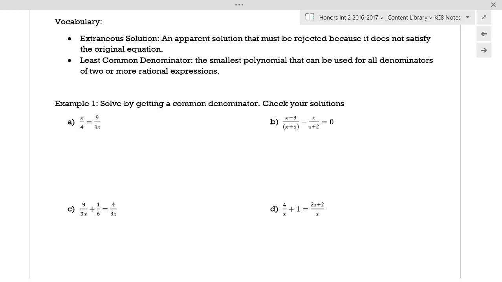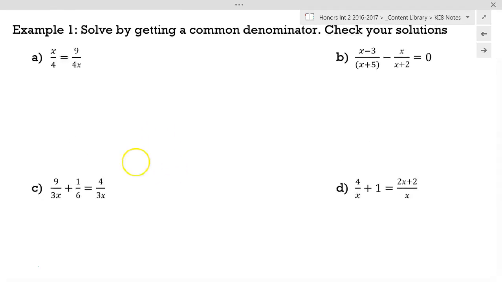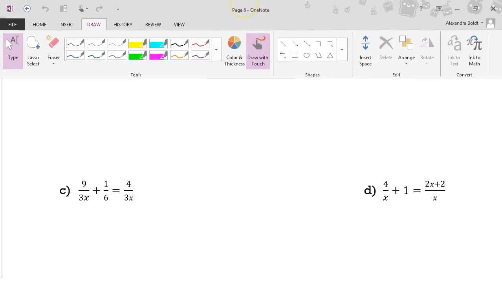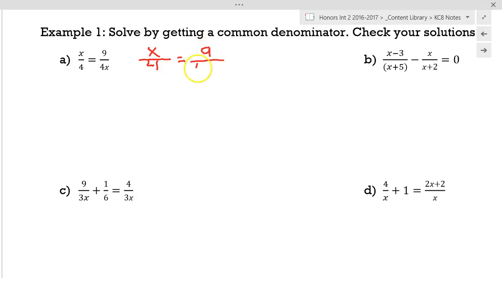Looking at example A, we have x over 4 equals 9 over 4x. We start off very much like when adding or subtracting. I want to get a least common denominator. So this is really x over 4 equals 9 over 4 times x.